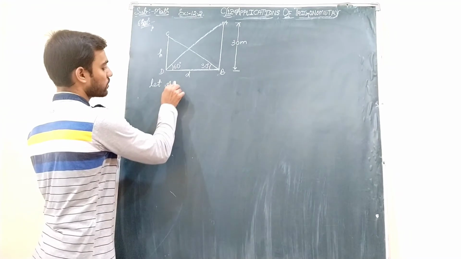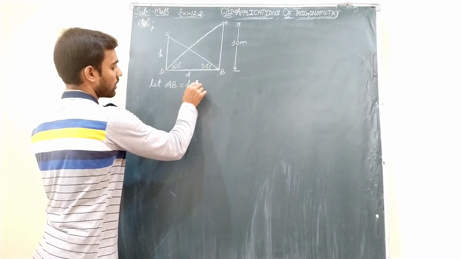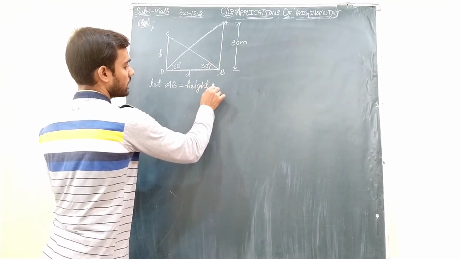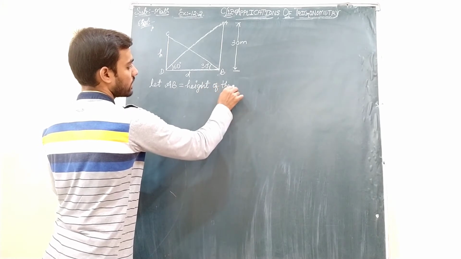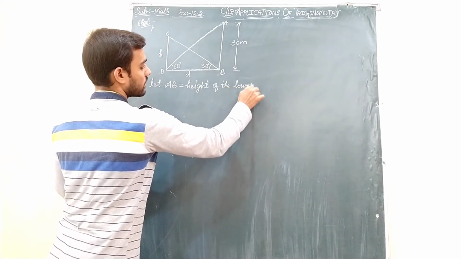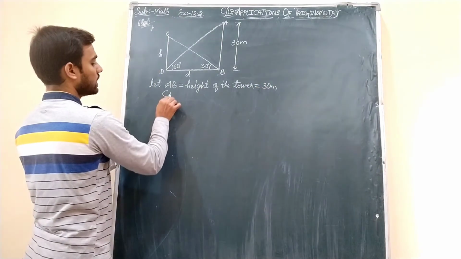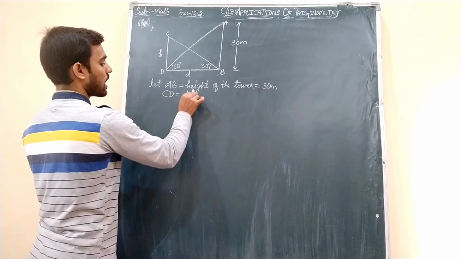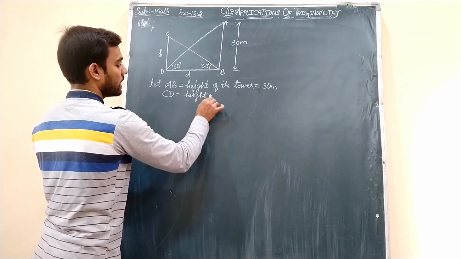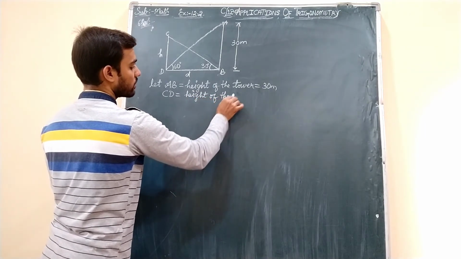Let AB be what, students? It is the height of the tower, which is already given in the question. It is 30 meters, students. Next, CD we have assumed as the height of the building that we need to find out, students.